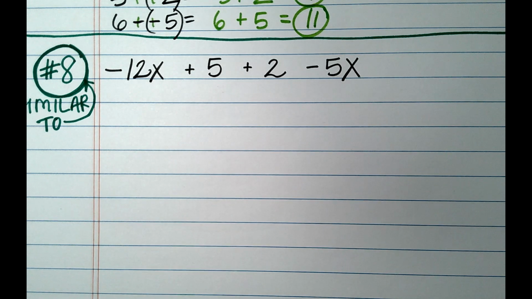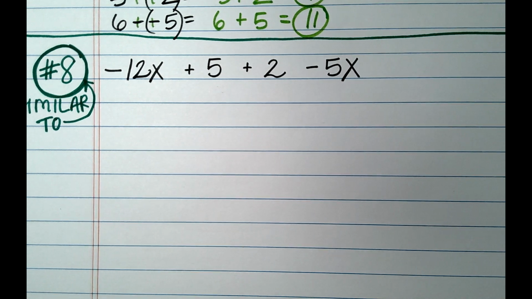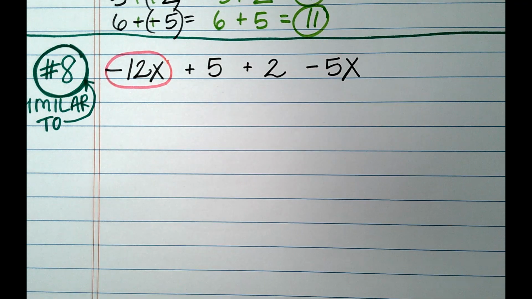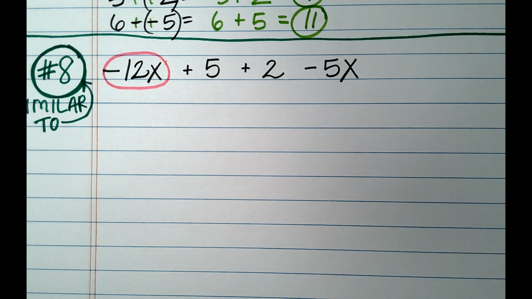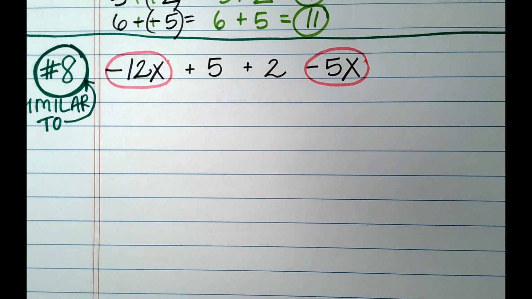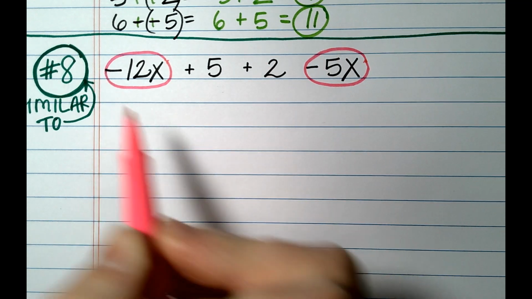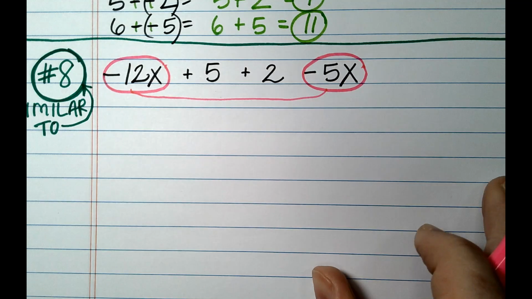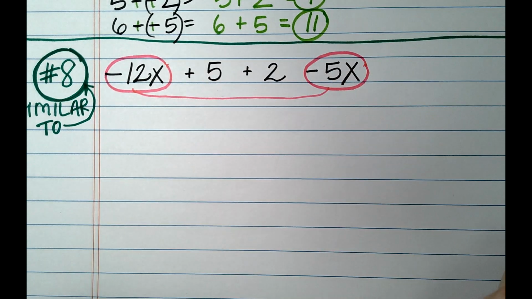So, what's a good way to start this? The x's, that's a great place to start. So, let's see, I have negative 12x and I have negative 5x. Okay, so I want to put these together. I can think of this in two different ways.